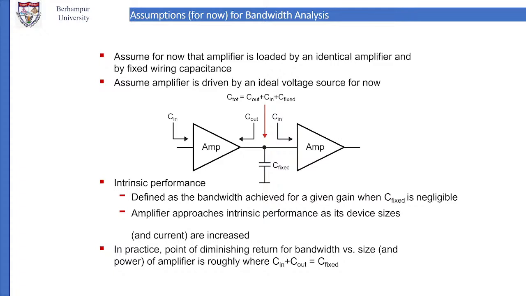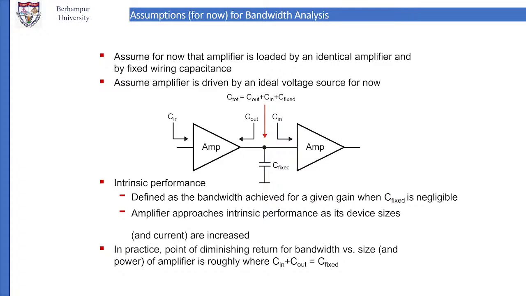So you can see in the picture there are two amplifiers. On the left side is an amplifier which is the first amplifier. Then the output of the amplifier goes to the second amplifier.